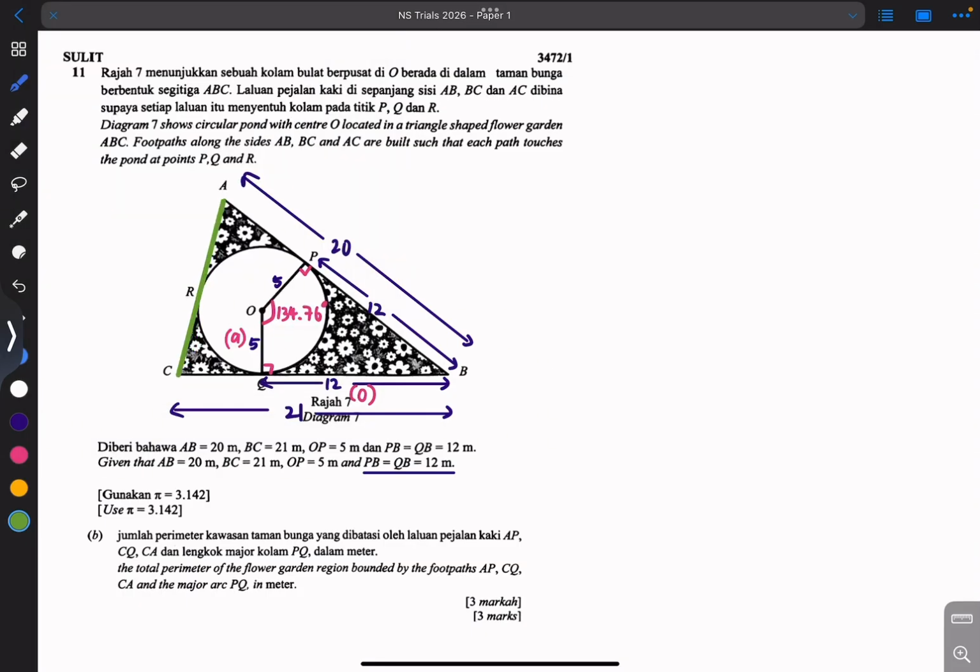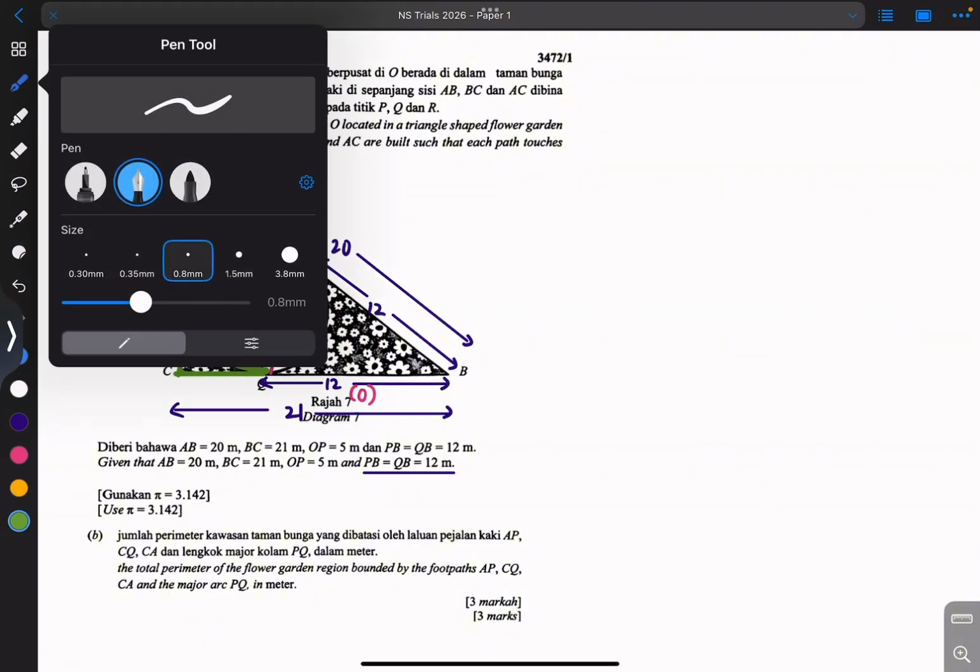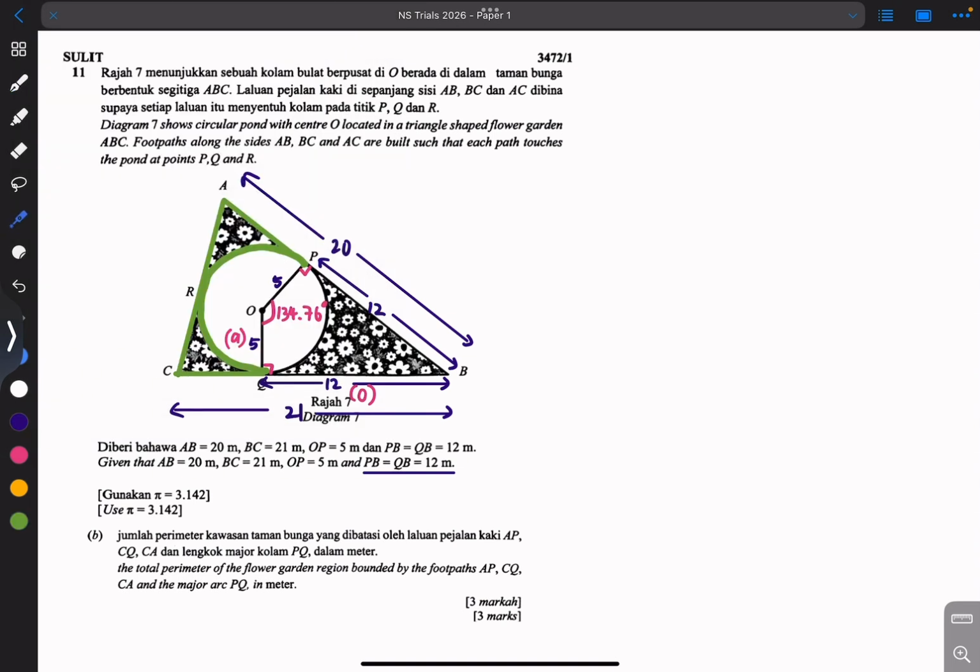So we want this length, this length, this length, and this length. That's the stuff that we're trying to find. I think there will be a few that are easy to find, because the total here is 20, and from here to here is 12. So AP is easily 8 lah, 20 minus 12. So let's just write this is 8. Sorry, this one will be 21 minus 12, which is 9. From here to here will be 9.